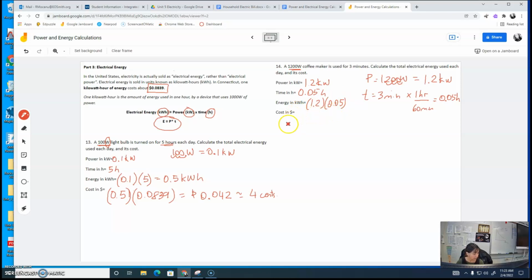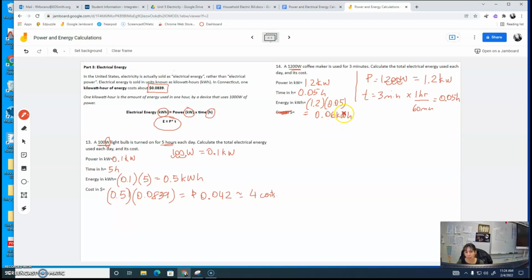I do that multiplication, and let me just continue down here because I'm running out of space a little bit. I'm going to get 1.2 times 0.05. That is 0.06 kilowatt hour. So that is the energy that my coffee maker uses when I have it on for 3 minutes, that's how much energy I'm using during that 3 minutes.